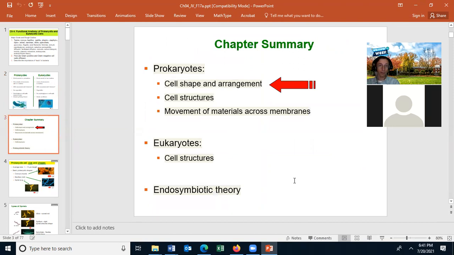We'll talk about prokaryotes, discussing their cell shape and their growth arrangement. We'll talk about cell structures. We'll talk about movement of material across membranes. We'll then move on to eukaryotes, talking about the cell structures, and then lastly, the endosymbiotic theory.